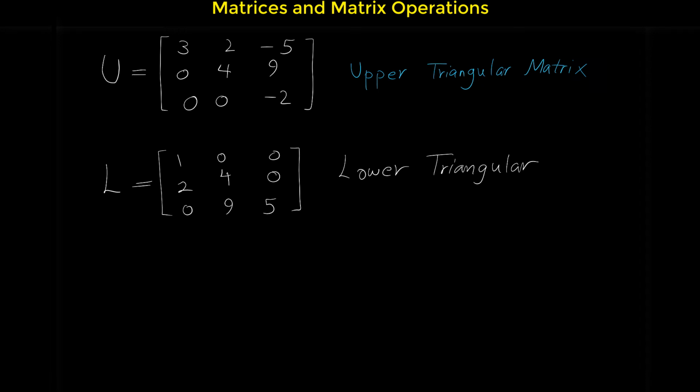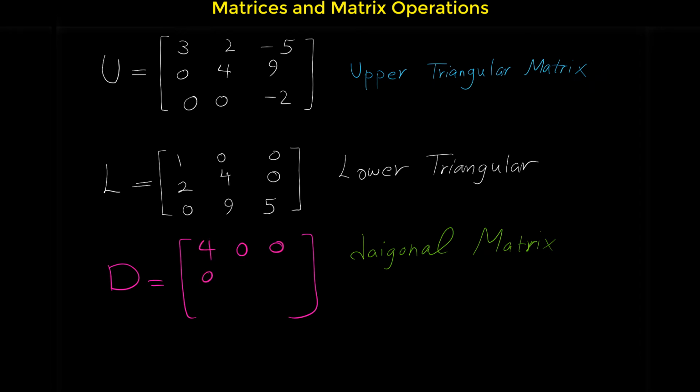Now let's talk about another important square matrix, and that is the diagonal matrix. What is a diagonal matrix? Can you guess? A diagonal matrix is a matrix where all elements except the elements on the diagonal are 0. Let me show you an example of a diagonal matrix. Let's name it D. 4, 0, 0, 0, 3, 0, 0, 0, -1.